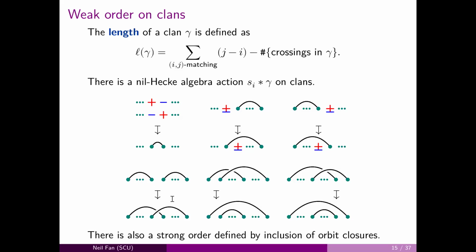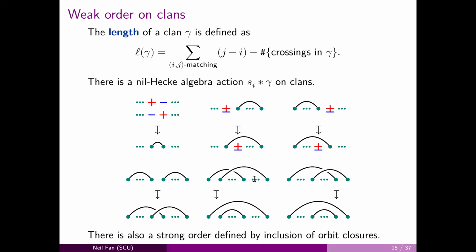Similarly, for this case, if there are 2 arcs adjacent to each other, we can make them cross. This increases the length by 1. There is one more crossing, but the distance of the arcs increased by 2.